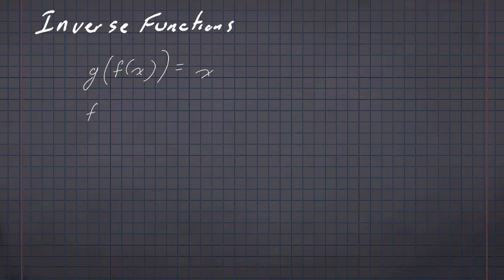And it should work no matter which order I do those two operations in. f of g of x should also leave me with just x. Being able to identify the inverse of a function is going to be very valuable. Of course, it lets us undo things. It will also let us play around with some ideas for problem solving.